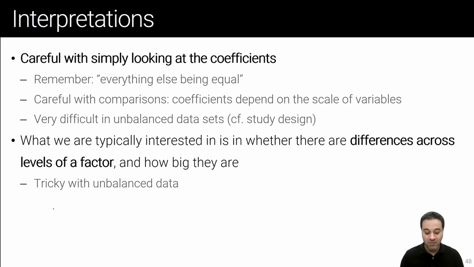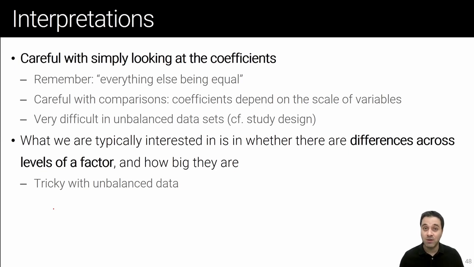This is why we might be interested in building more complicated models and why we have seen how to incorporate the categorical predictors, because in the end, in the next following videos, what we are going to see is how we can answer questions properly about different groups of one categorical variable while controlling for the other factors, and how to account for all the variability in the data, how to account for the sampling process, etc. Again, this is going to be very tricky with unbalanced data, but we will see how to try and correct for that when we look into specific hypotheses.